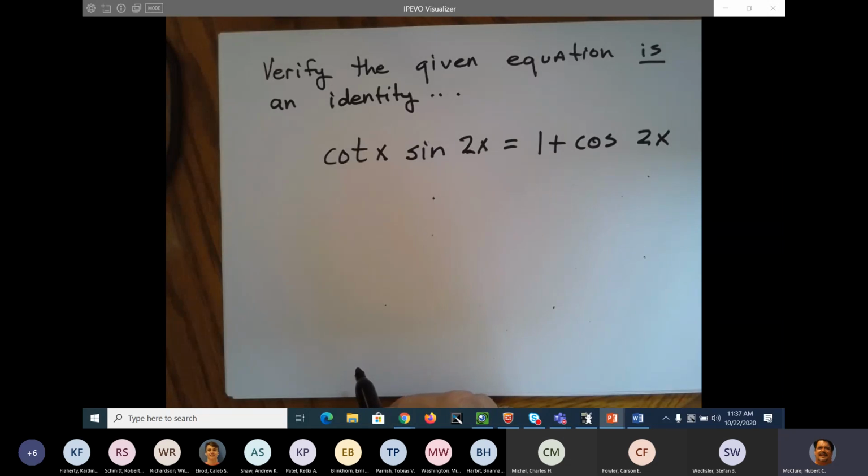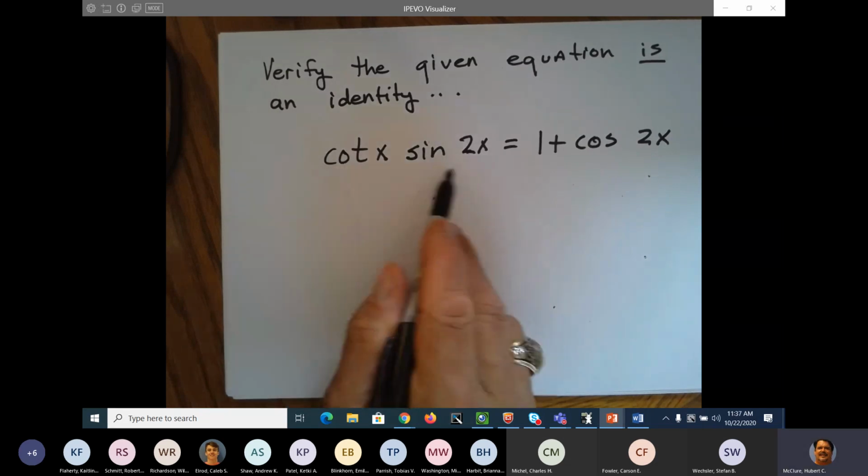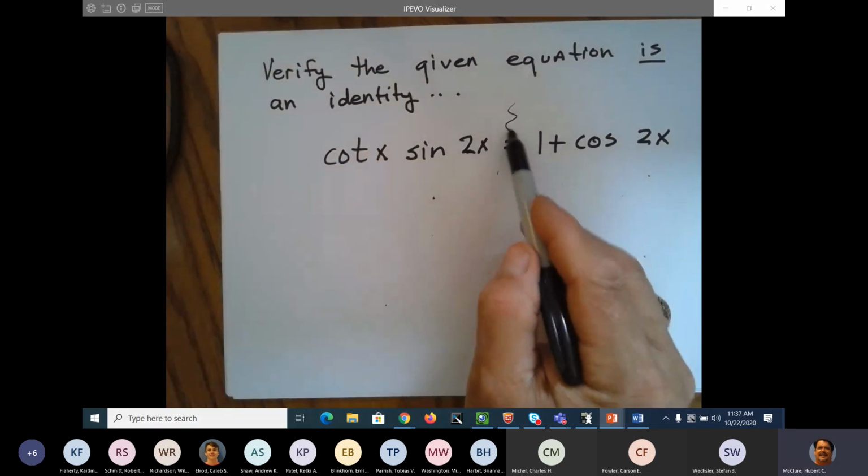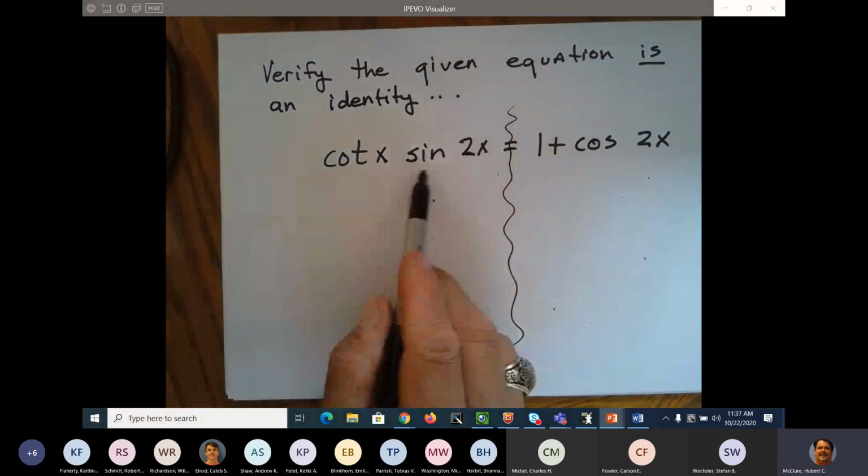So I'm going to start off with the left-hand side, and I'm going to rewrite the left-hand side in terms of sine and cosine. I'm just going to draw a little squiggle line through there, because I'm going to work with this side.